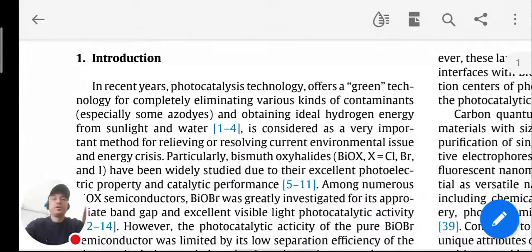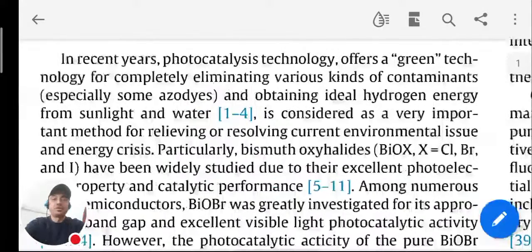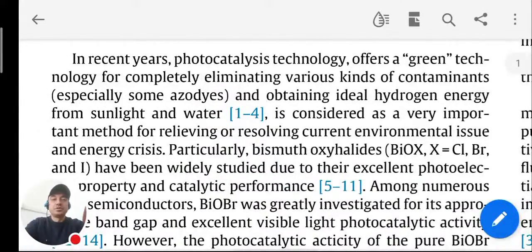microspheres. In the introduction: photocatalysis technology offers green technology for the complete elimination of various kinds of contaminants, especially dyes, and for producing ideal hydrogen energy from sunlight and water. So it is considered a very important method for resolving current environmental issues and the energy crisis.